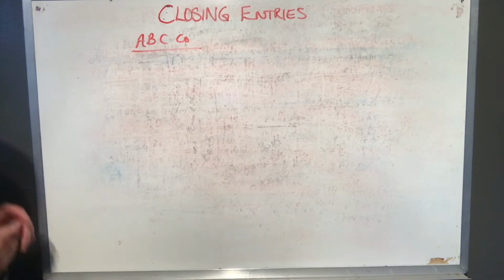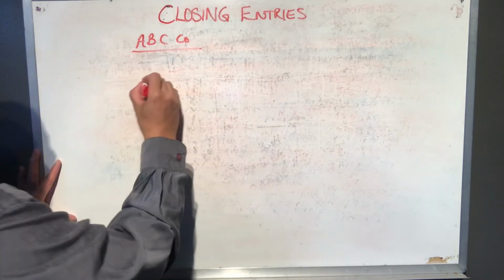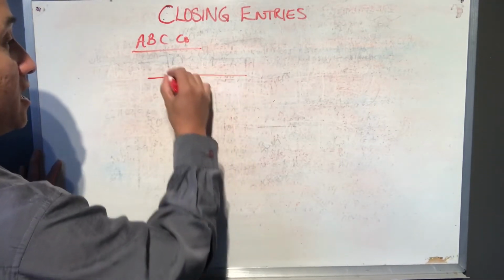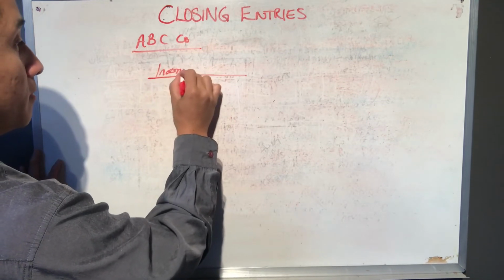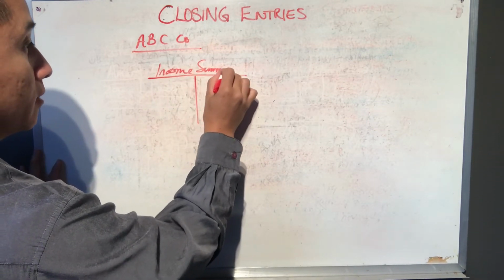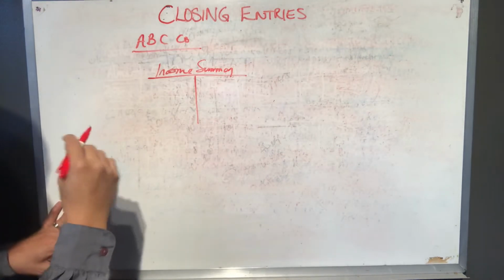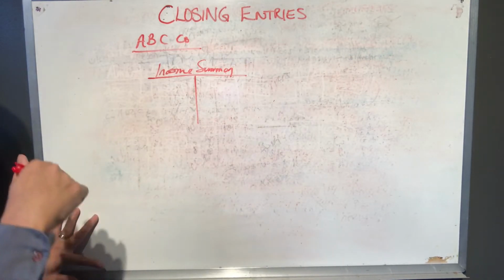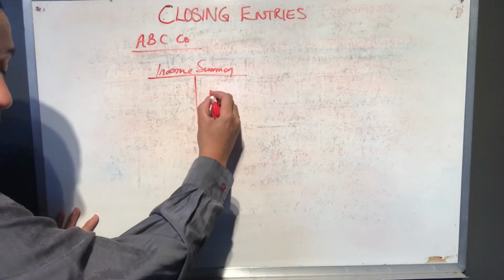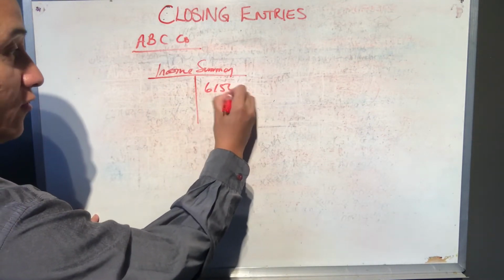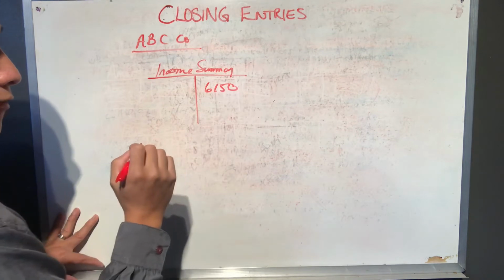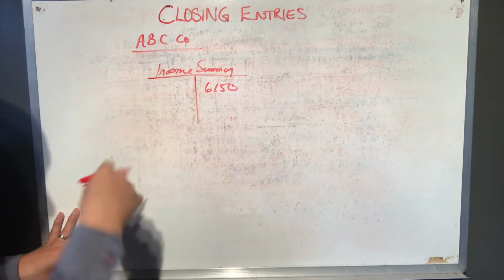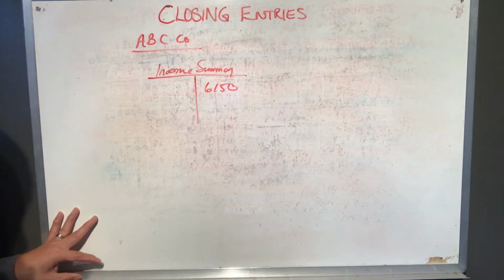So let's take a look at the effect of the income summary. So let's have a look at the T account for income summary. Now we know that we had closed the revenue account out, and that had an aggregate of 6,150 for revenues from the consulting revenue and the rental revenue as well.